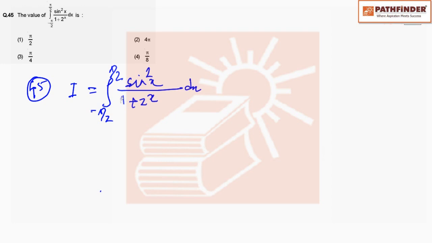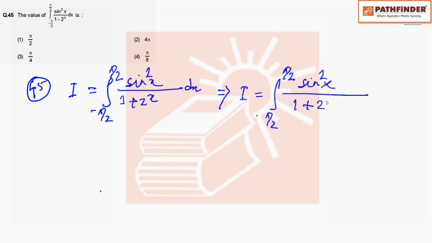Now we use the property: the integral of f of x dx from a to b equals the integral from a to b of f of a plus b minus x dx. So we can write I equal to the integral from minus pi by 2 to plus pi by 2 of sin square x divided by 1 plus 2 to the power minus x, dx.